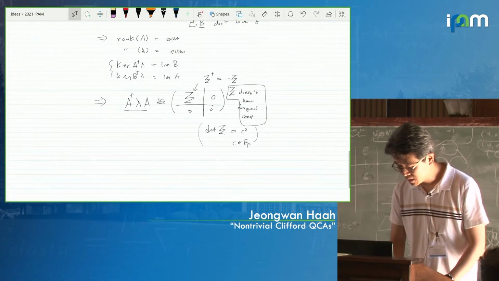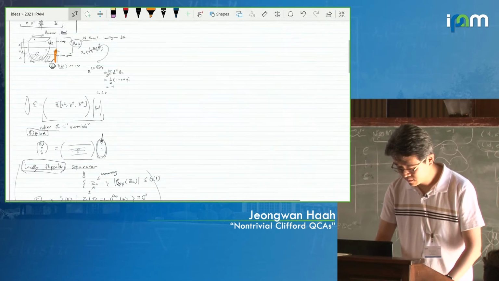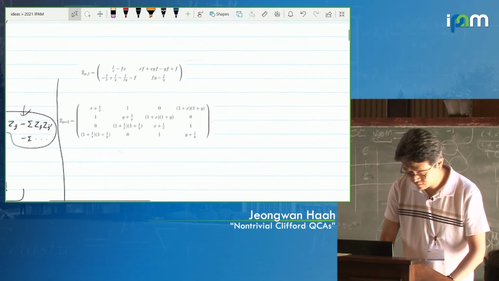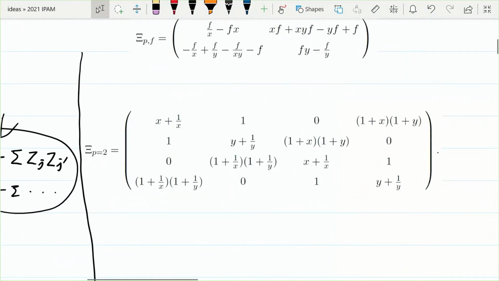And here is an example. The three-fermion Walker-Wang model, you can compute the QCA according to the quote-unquote algorithm I sketched.